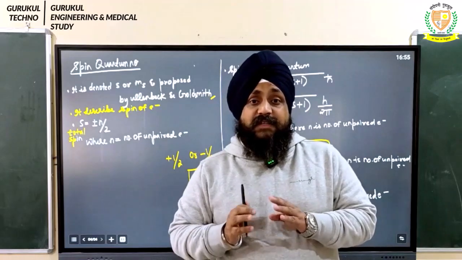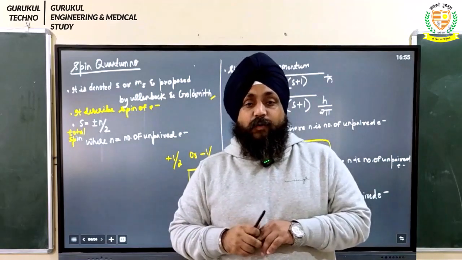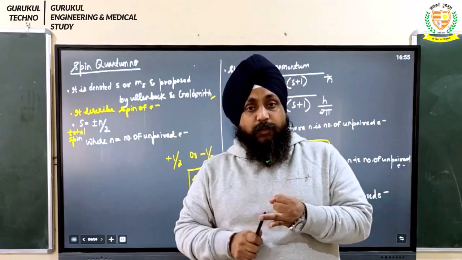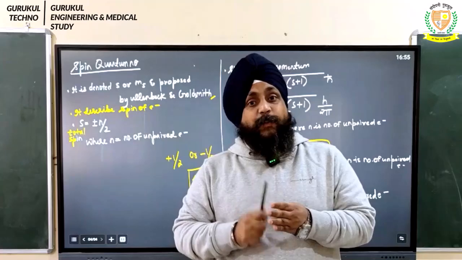So students, in this session we have learnt about the 4 quantum numbers, which are principal, azimuthal, magnetic and spin quantum number.